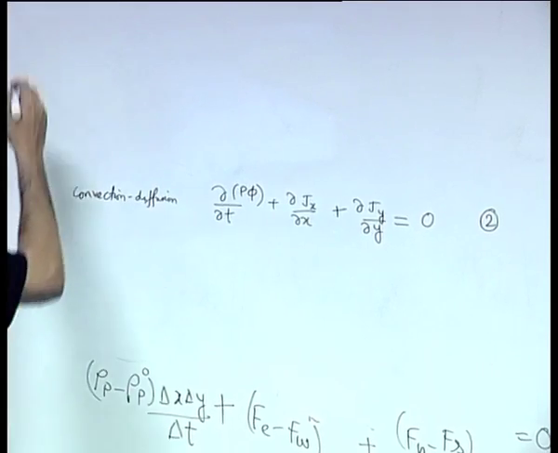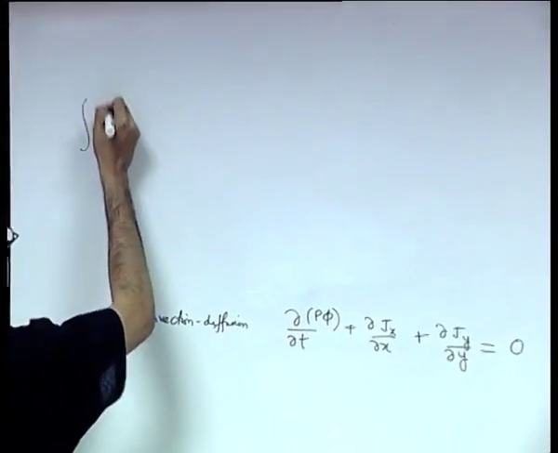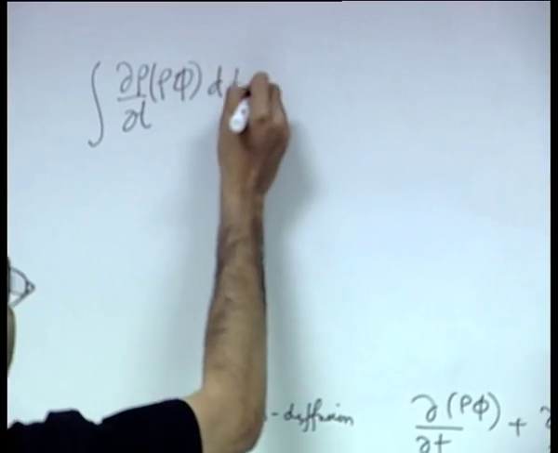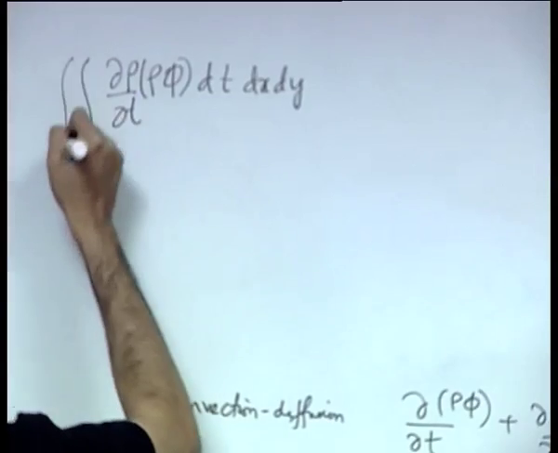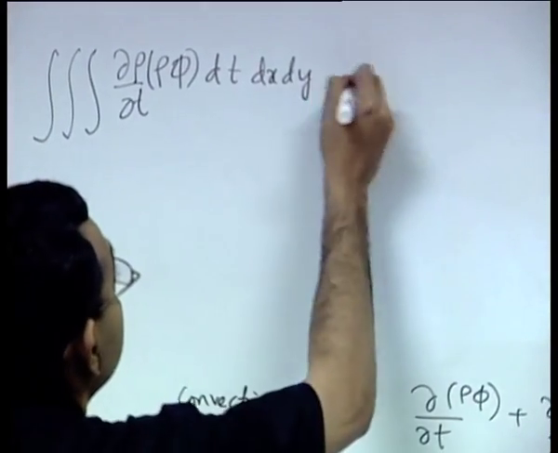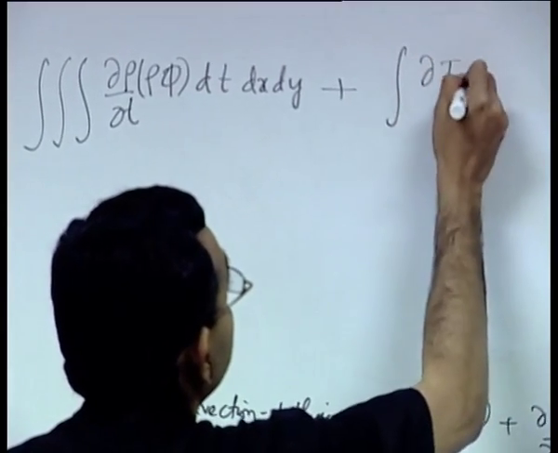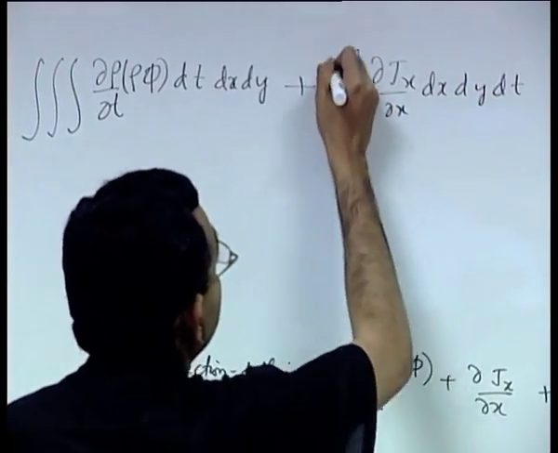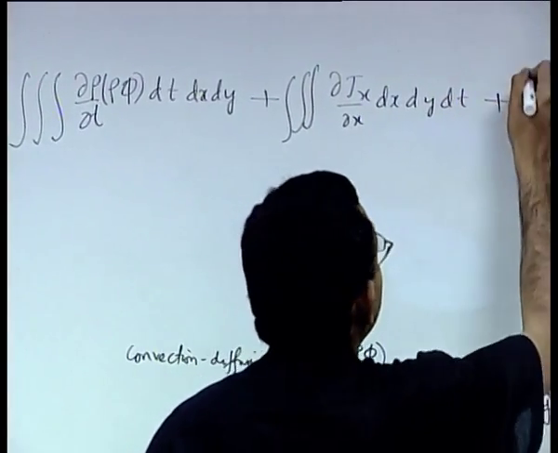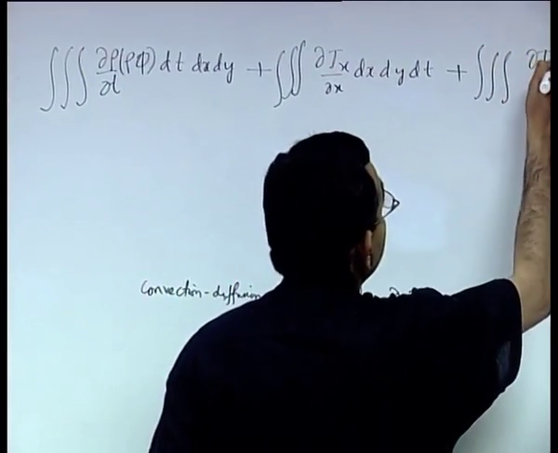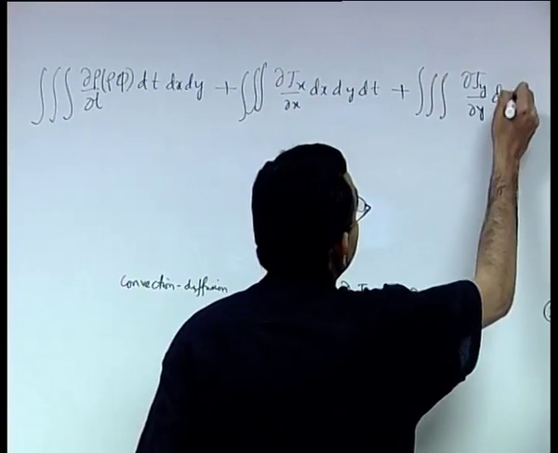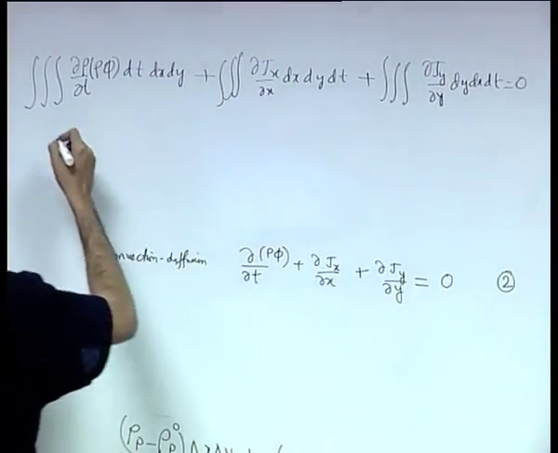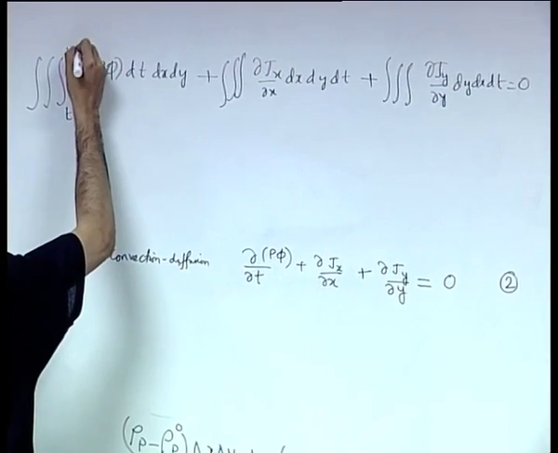So, what we do is integrate dt dx dy, and let us put the various limits of integration, t to t plus delta t.